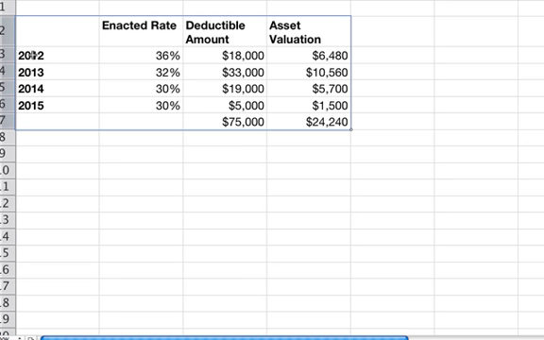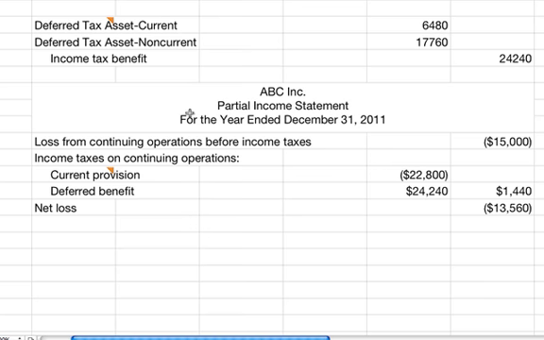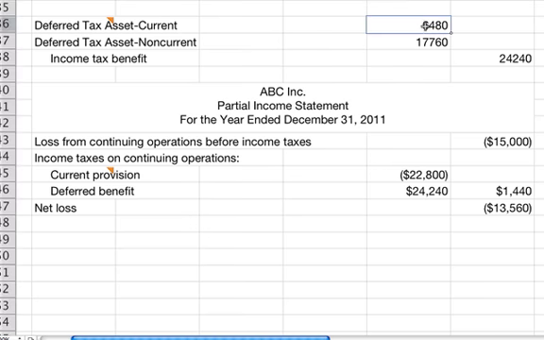you would classify for the current portion whatever the asset valuation is in 2012, because that's what we will cover within the next year. So that's the current portion, 6,480. So that's how you get this number right here, and then this is just the balance of that, and this is the total amount.